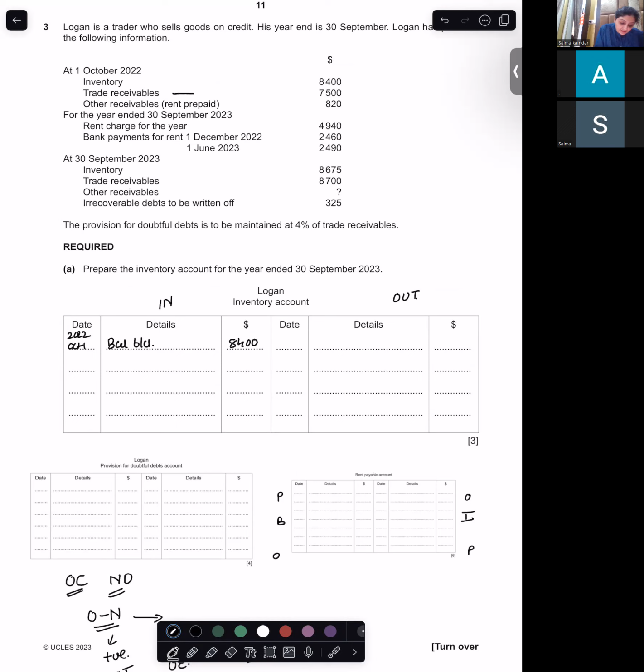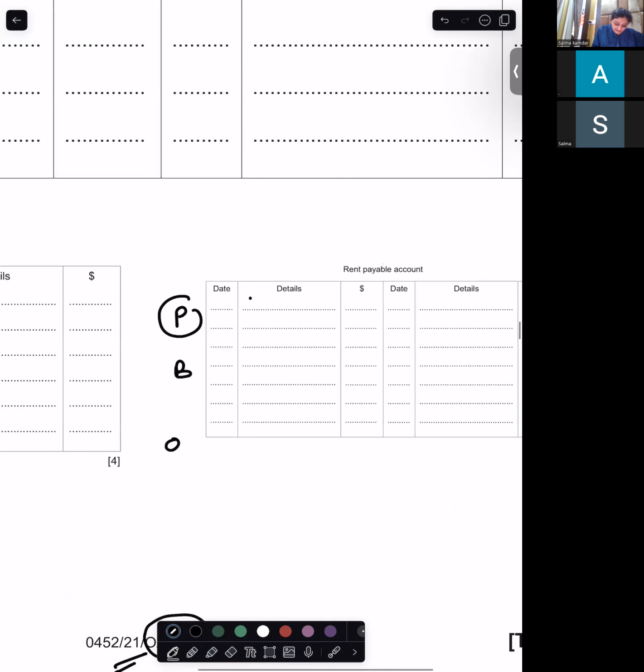This is your trade receivables and this is prepaid rent. Prepaid rent in the rent payable account will come on which side? On the debit side, balance brought down.